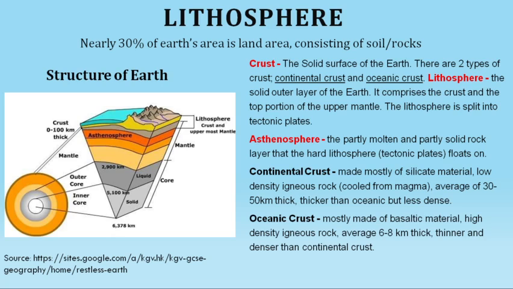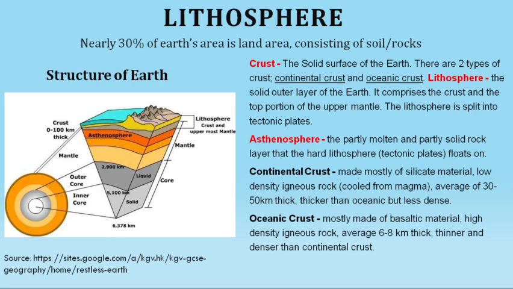Now, if we talk about the continental crust, it is made up of silicate material. The rocks of the continental crust are low density igneous rocks, and these are actually the rocks which are cooled from the magma.